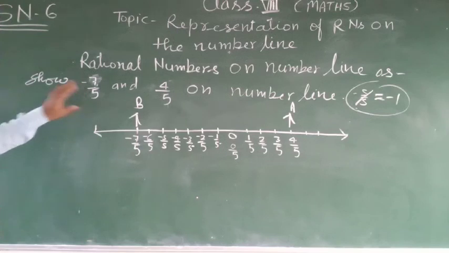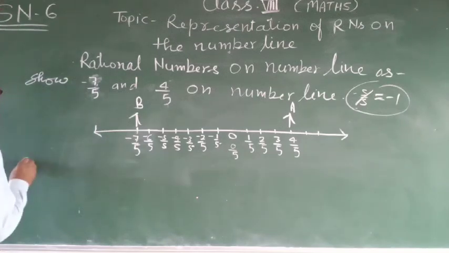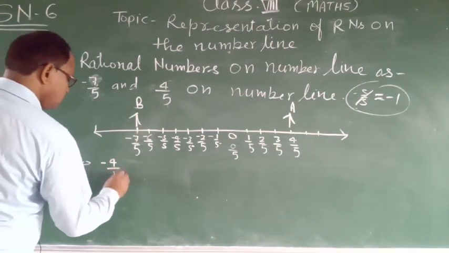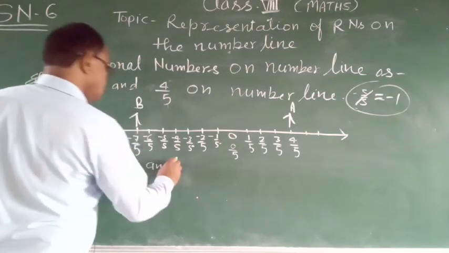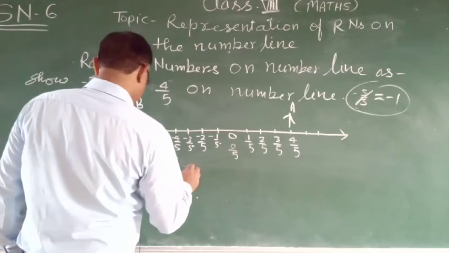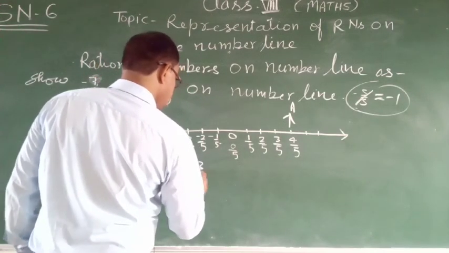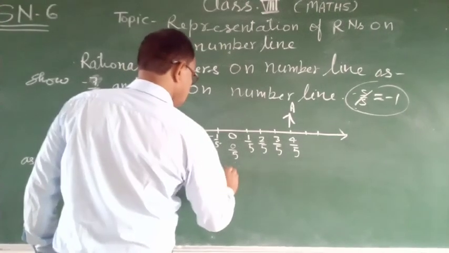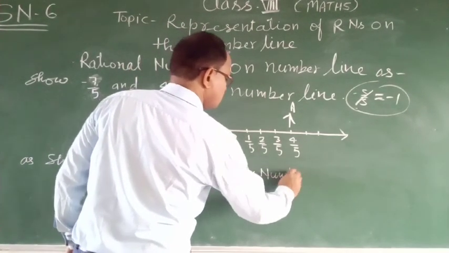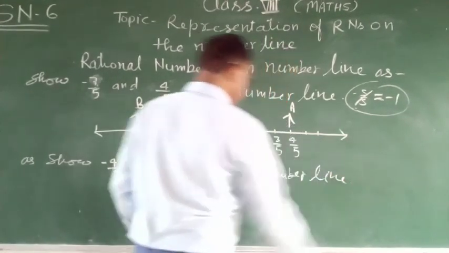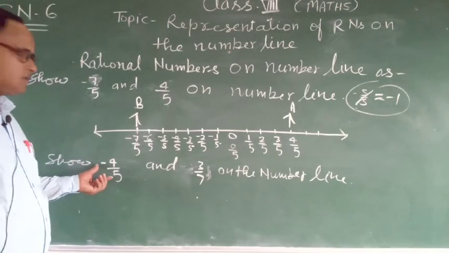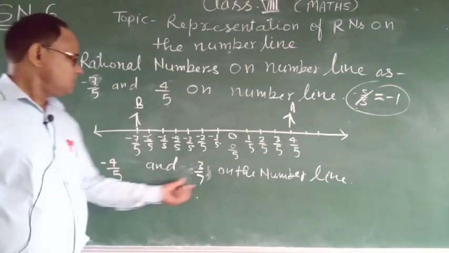But when the denominators are different, as in -4/5 and 3/7 on the number line, in this case we can take the LCM of both to make the denominators the same.